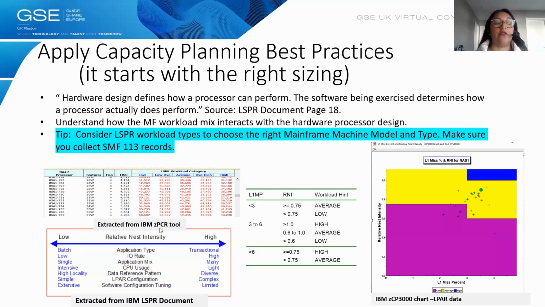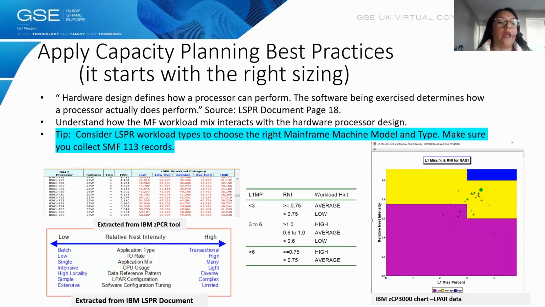It depends on how much the workload that you're running goes to the nest to actually execute the transactions or the batch workload, etc. If it tends to be nest intensive, then the workload classification under LSPR tends to be high, or you have less MIPS per processor or hardware.